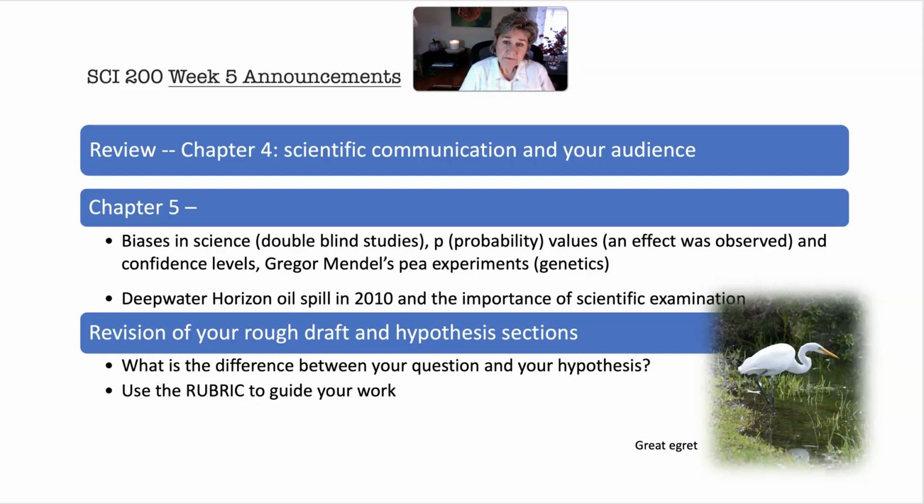So if the pH of ocean water, and you can simulate it, is lowered, then oysters will produce less offspring. That's a hypothesis that you could develop experiments on. Much different from what is the effect of ocean acidification on marine life, right? That's a huge question. A hypothesis is much more specific. So that's the difference there.